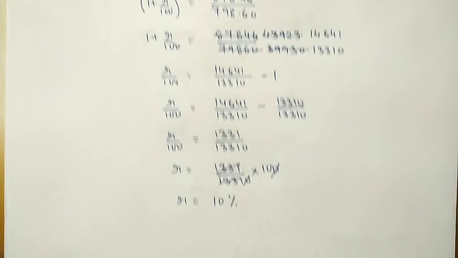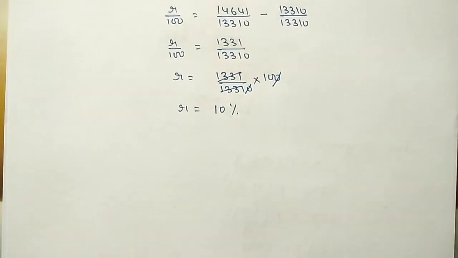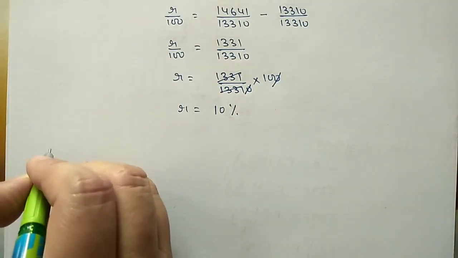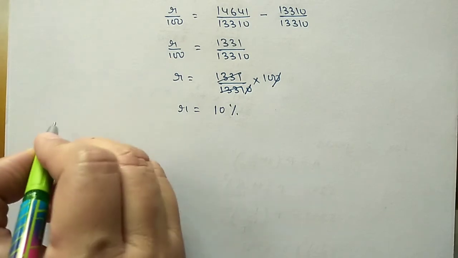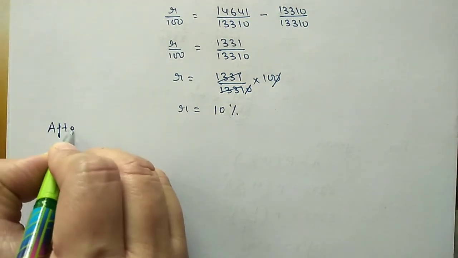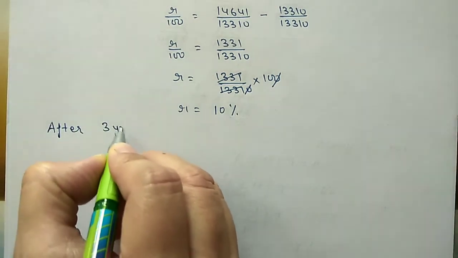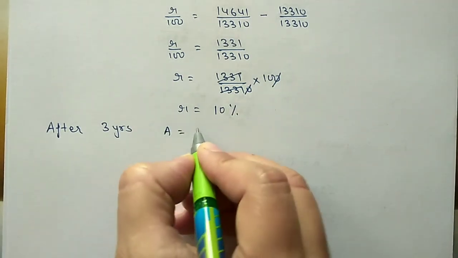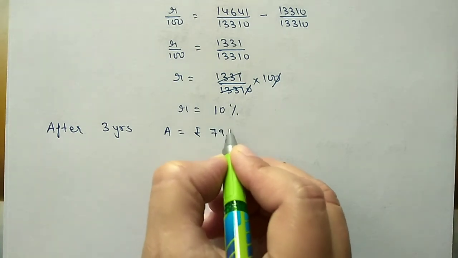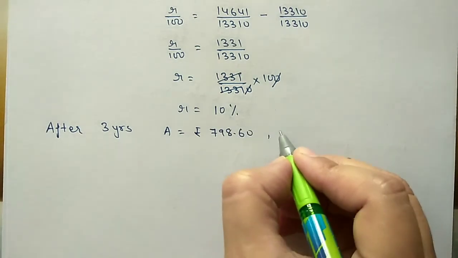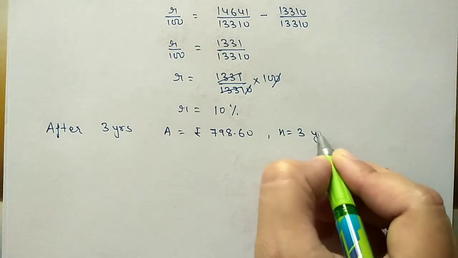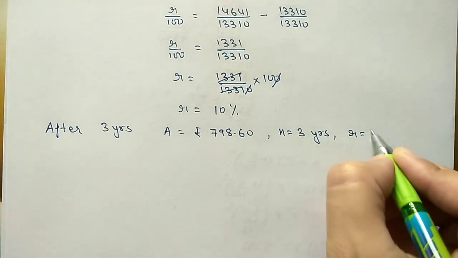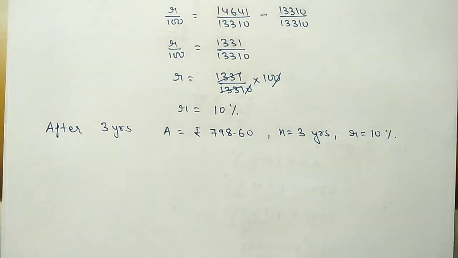After getting r, now we have to find out the P also. So to calculate P we will take 3 years. After 3 years, the amount is 798 rupees 60 paise. Time we will take here as 3 years and rate of interest we just now calculated as 10%.